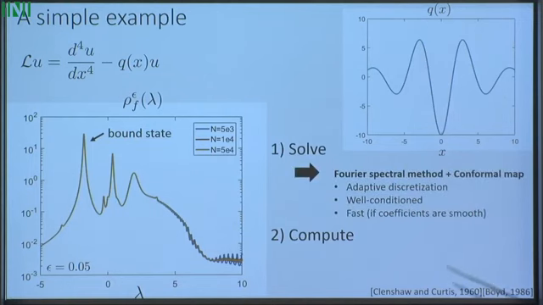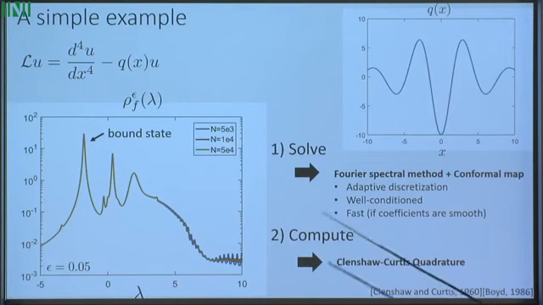So just a word on the numerics. Because we're solving ODEs on the real line, we basically just use a Fourier spectral method after mapping the real line to the unit circle. Because of the decay in our functions, everything works out nicely. It's fast, well-conditioned, and we can do it adaptively if we'd like to, monitoring the coefficients in our solution.